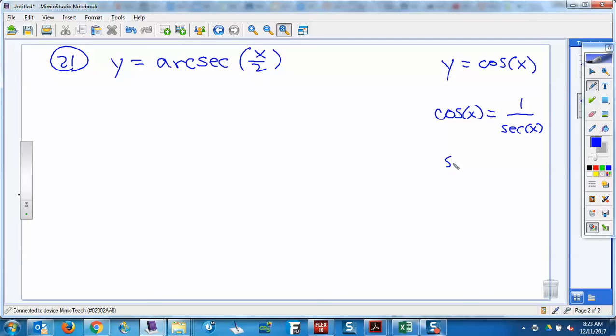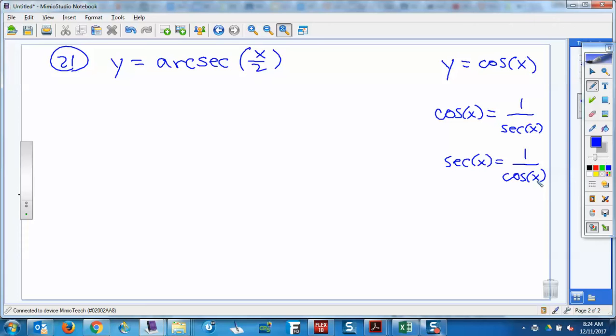Would you agree with that? Or secant x is equal to 1 over cosine x. They're reciprocals. But now, remember when we were doing the inverse thing on Friday, we were talking about how with cosine, you put angles in and you get values out, right? So cosine gets values that are between -1 and 1, and secant gets values that are between 1 and infinity and -1 and negative infinity. Remember that?